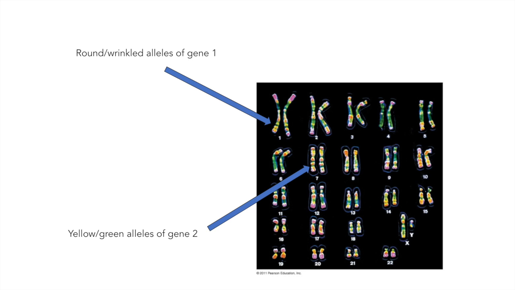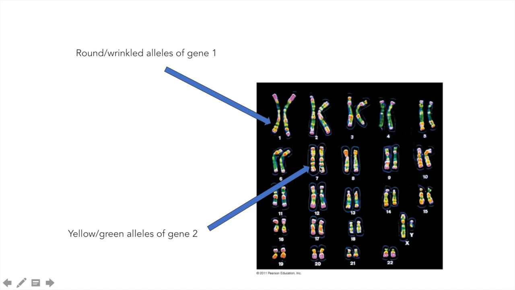So remember I showed you this picture back in Chapter 23, where, again, this is not a pea karyotype. This is a human karyotype. But just as an example, the gene for that character, the roundness and wrinkledness, is on a separate chromosome from the yellow and the greenness gene that's on a separate chromosome.